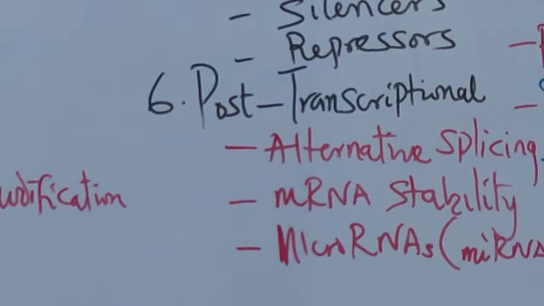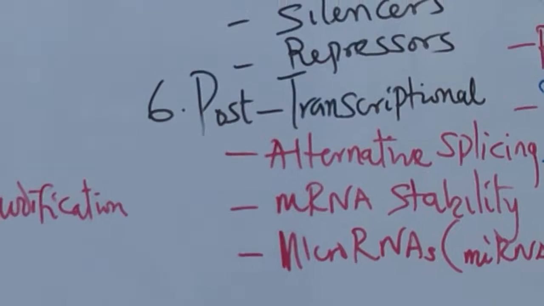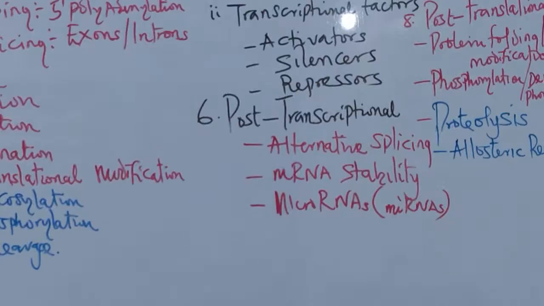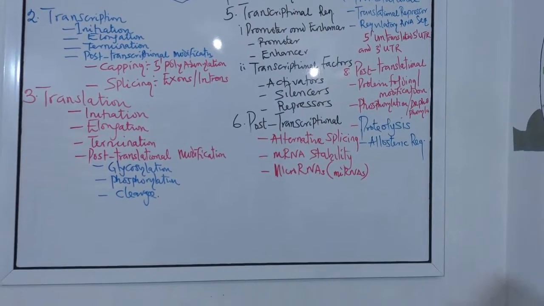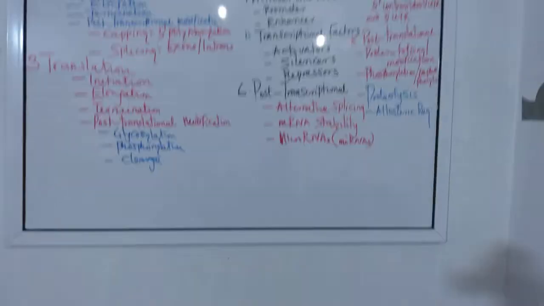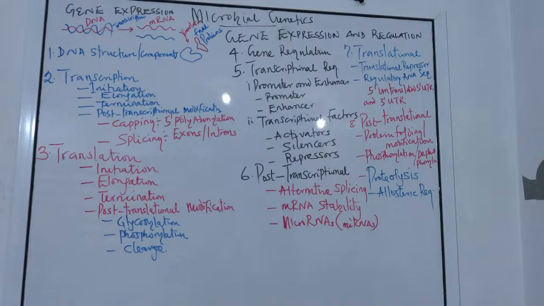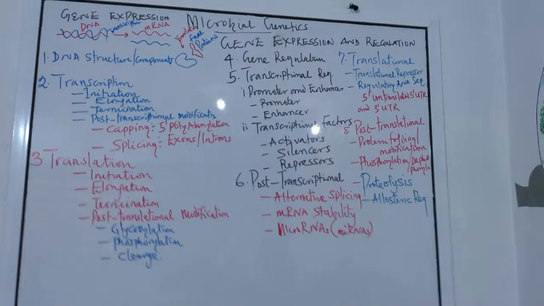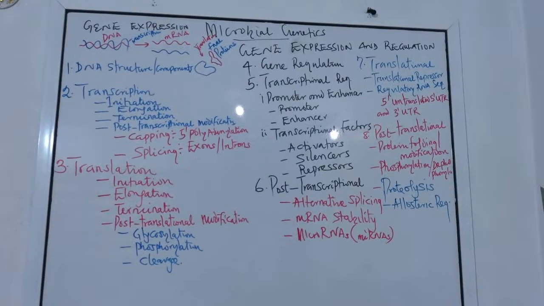Okay, the next one is messenger RNA stability, a post-transcriptional process. Just like I said, the process by which every gene is regulated and gene expression varies. It varies.